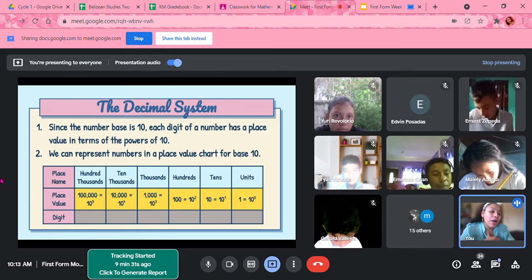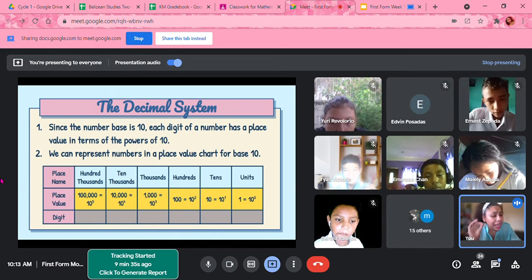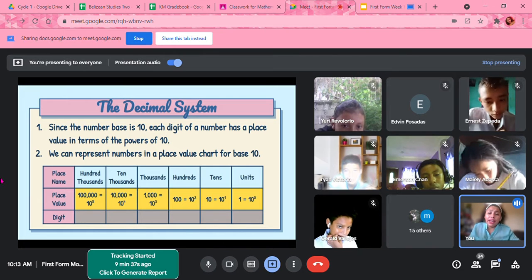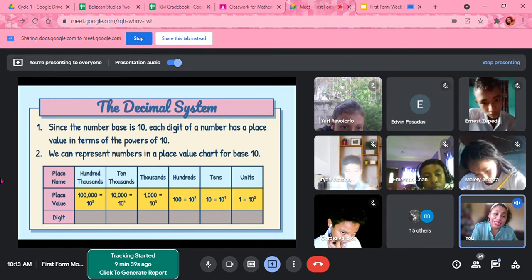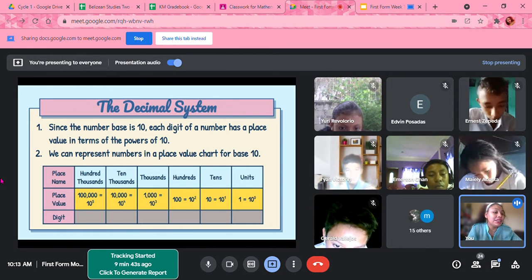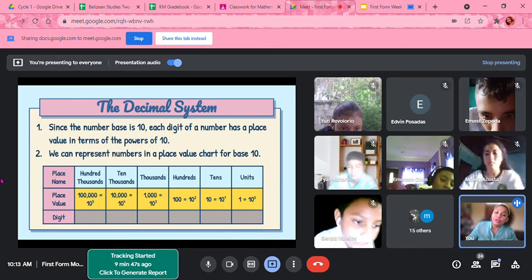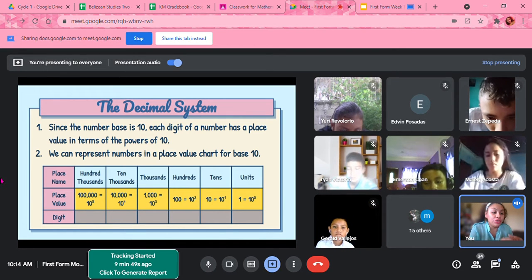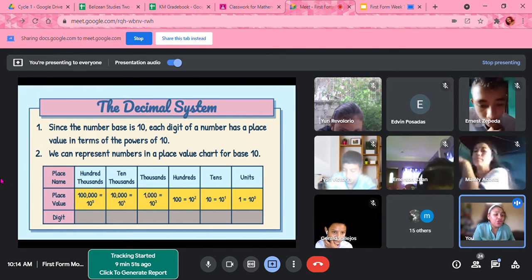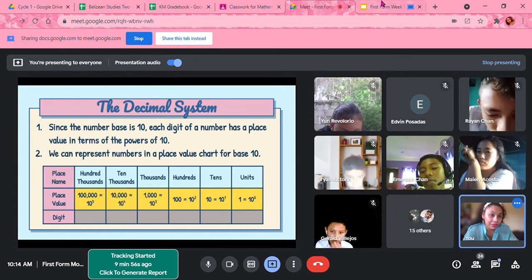So I want to know, what is the ones place as a power? What is the tens place as a power? What is the 10,000s place as a power? How do I write it as a power? And it is important for us to understand this, because when we go to base 2 and when we go to base 16, we have to use powers to be able to solve these questions.